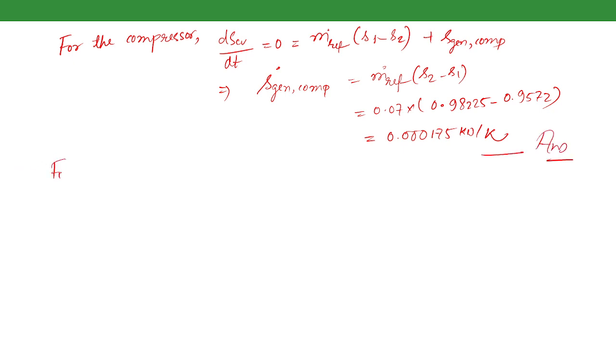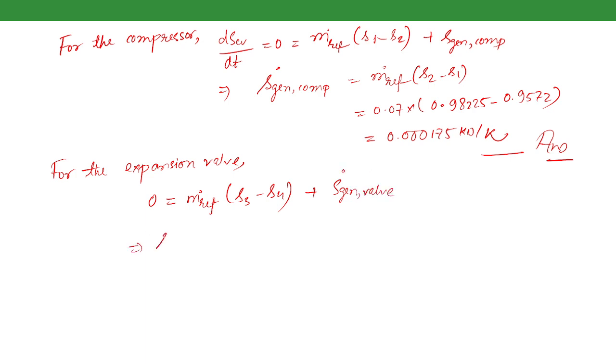So for the expansion valve, also dSCV by dt of the control volume will be 0, that is equal to mass flow rate of the refrigerant multiplied by S3 minus S4 plus entropy generated in the valve.